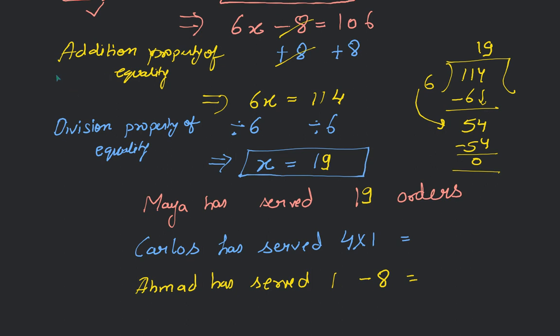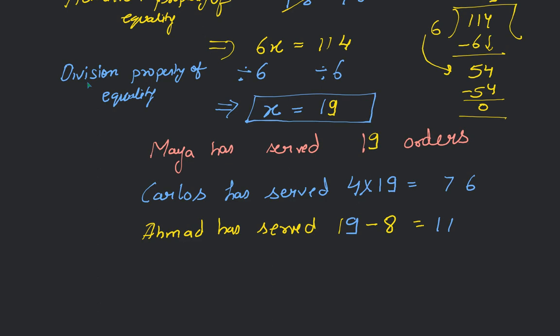Since Maya has served 19 orders, 4 times 19 is equal to 76, and 19 minus 8 is equal to 11. So the best way to check that we have done this correctly is adding 19, 76 and 11 together, and we will get the total number of orders given in the question.